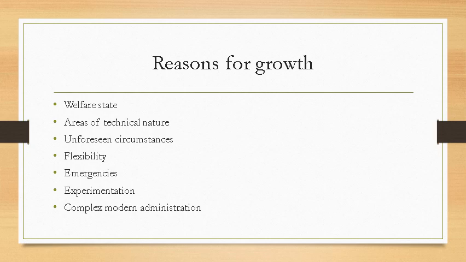That is the reason why when it comes to areas of excessively technical nature, this work is given as a part, given as delegated legislation. Then there could be certain unforeseen circumstances. When I say unforeseen circumstances, it could be anything.